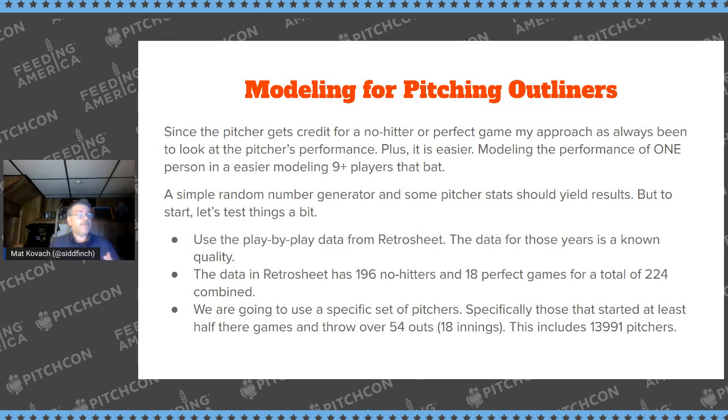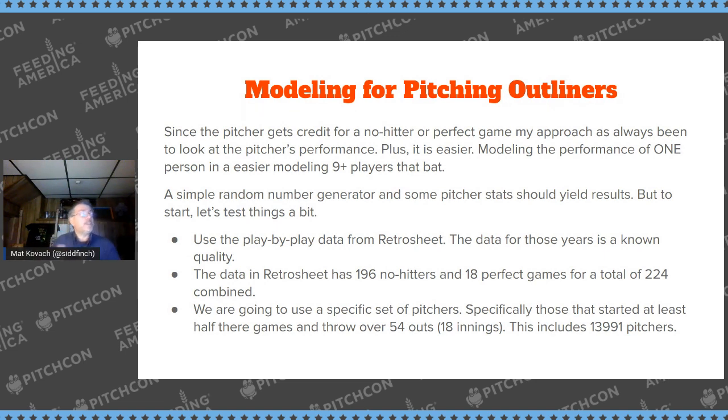Now, one thing we have to do is have a specific set of pitchers, since the game has changed a little bit. It used to be the guy started the game, he finished the game unless his arm fell off, or he was maimed, or he passed out drunk. So we want mostly starting pitchers in our model, because it'd be unfair to use Mariano Rivera's stuff and project that over 9 innings, because he couldn't do that.